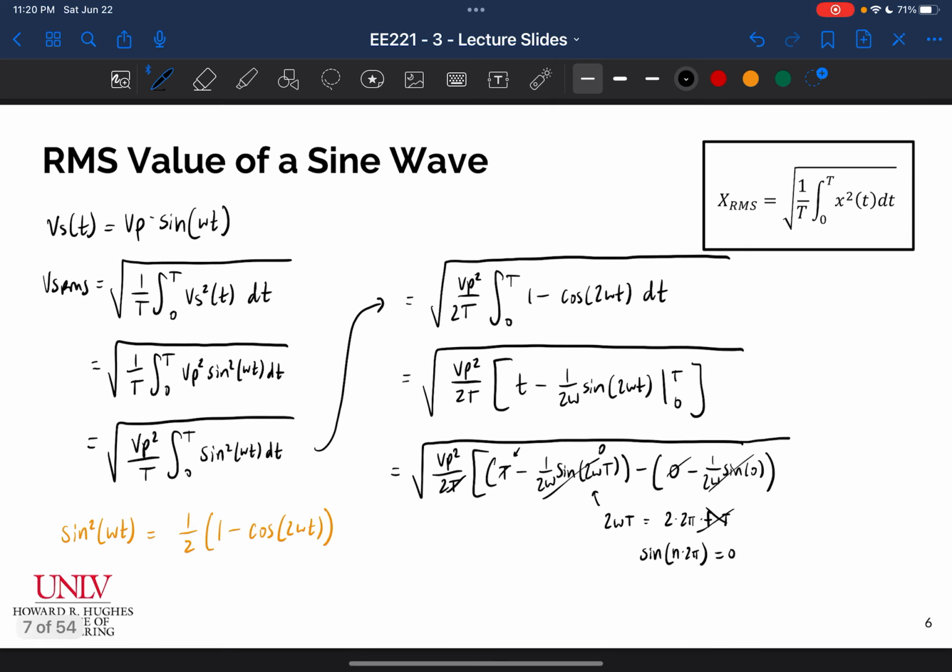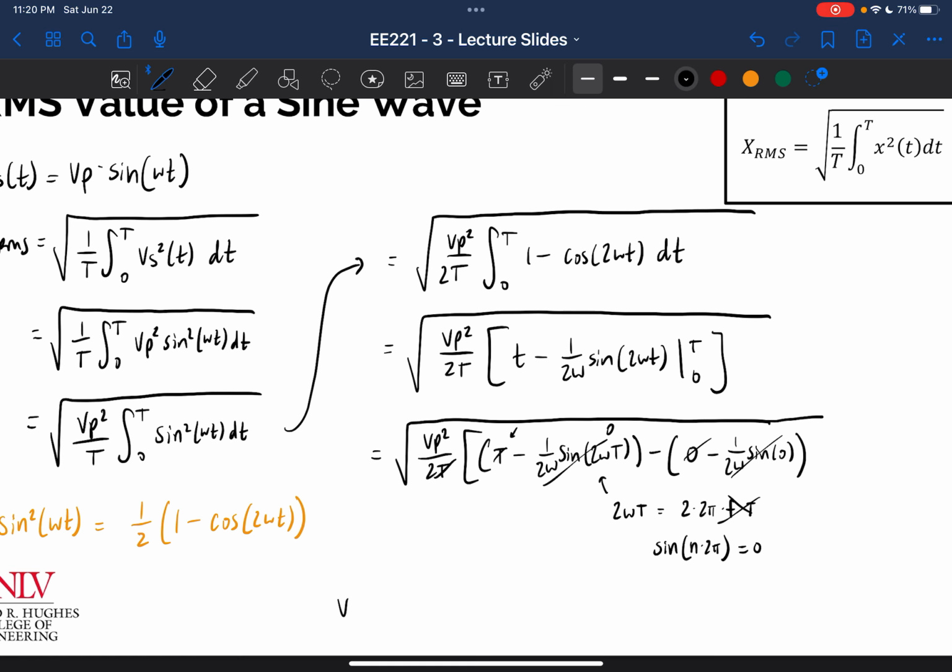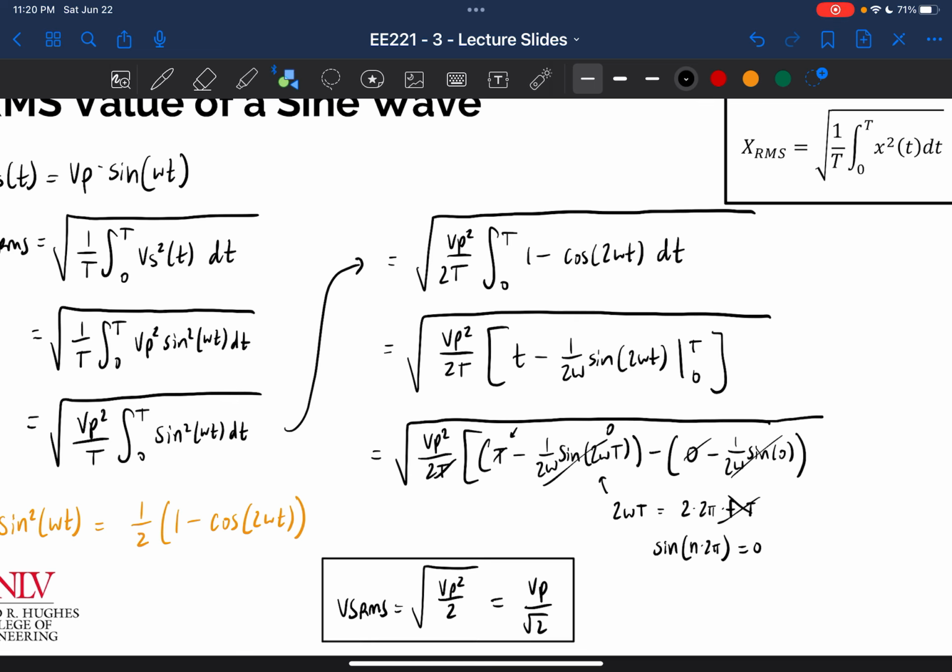And so what I'm left with is that Vs RMS is equal to the square root of Vp squared over 2, which is equal to Vp over root 2. Okay, and so that is the RMS value of my sine wave.